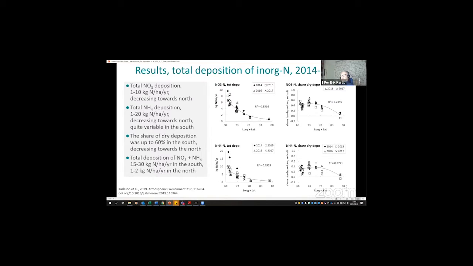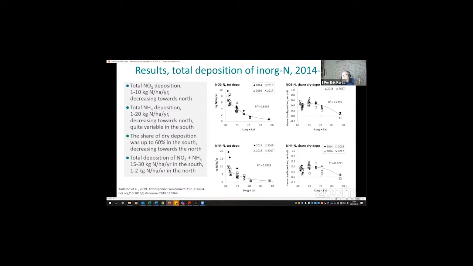And we see that we have a good correlation with this geographical index, longitude plus latitude. So in the south, we have a total deposition of up to 10 kilograms of nitrogen, and even higher some years for ammonium nitrogen. And the share of dry deposition in southern Sweden, to the left in this diagram, is roughly between 30 and 50%. So it's a large fraction of dry deposition.